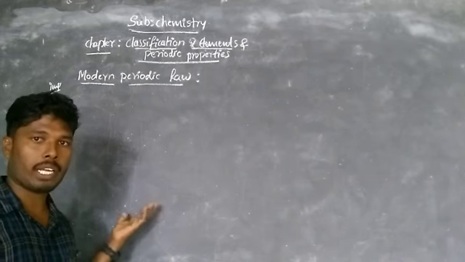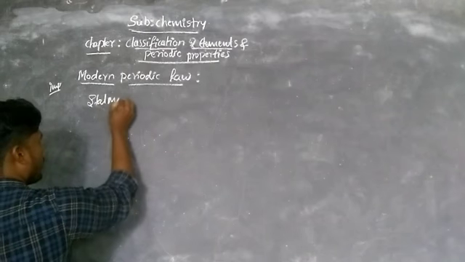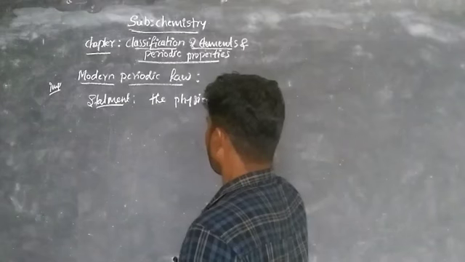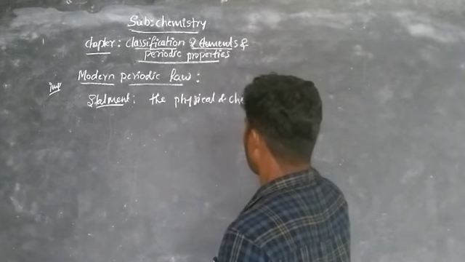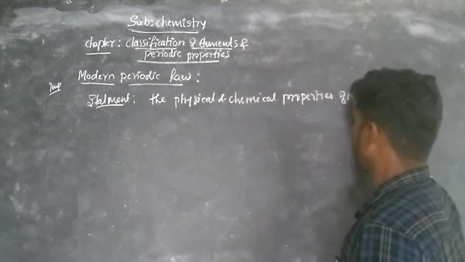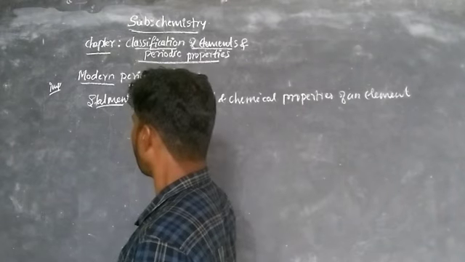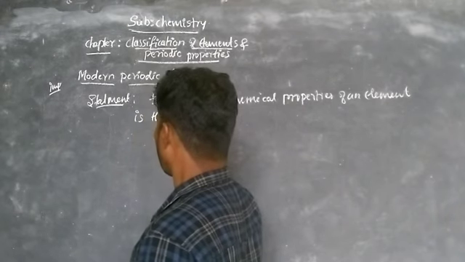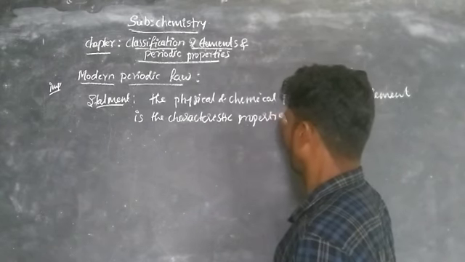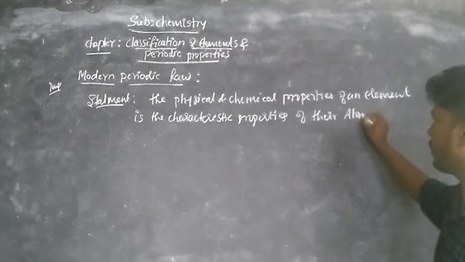The statement of the modern periodic law is: the physical and chemical properties of an element are the characteristic properties of their atomic number.